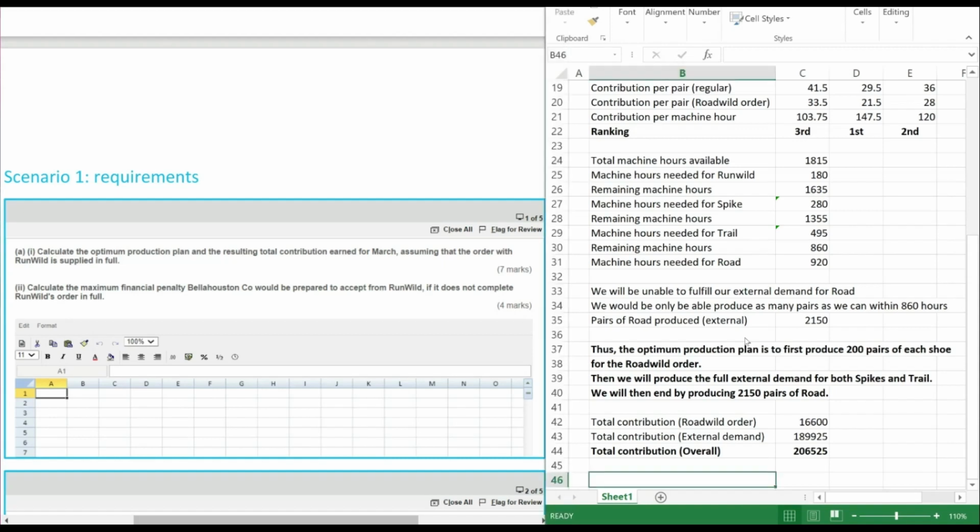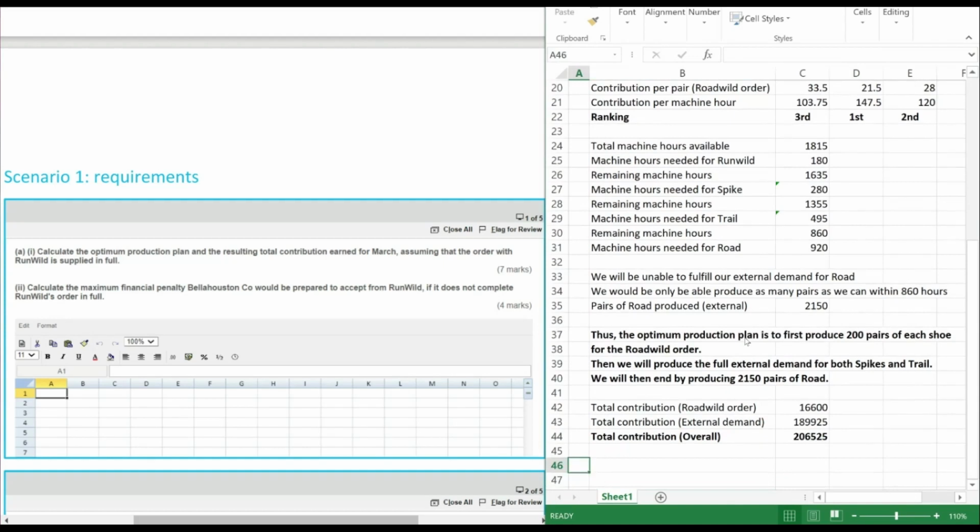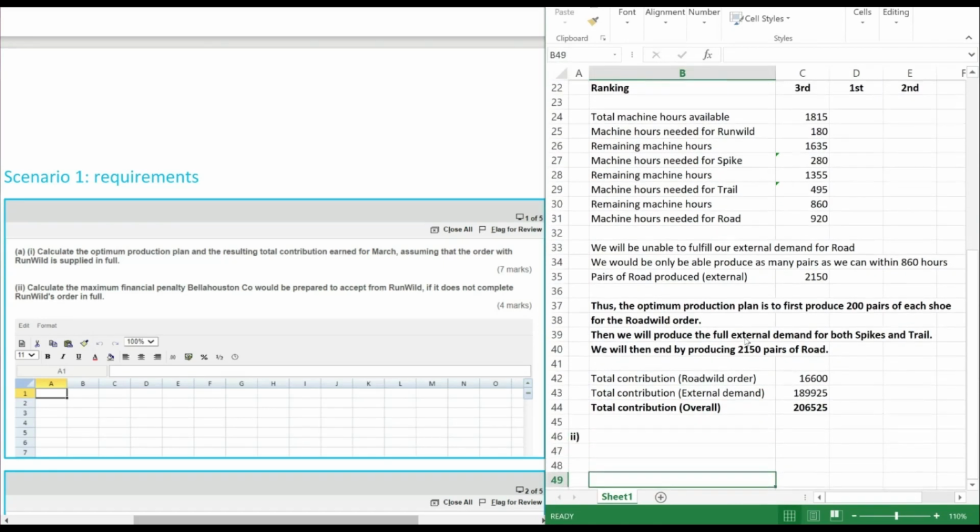So what will happen is we will simply take, this is going to be part 2, so we'll label it total contribution, external demand. Now keep in mind, we required 180 hours to fulfill the order of Runwild. We only needed 60 more hours to complete our external demand for road.